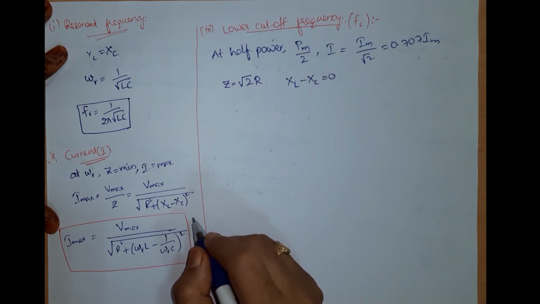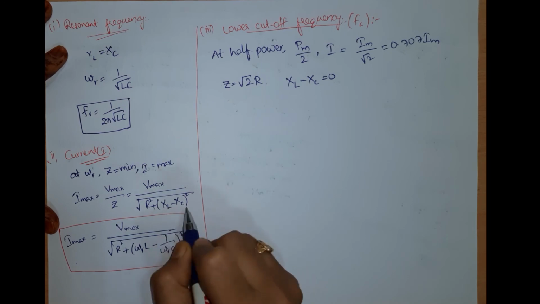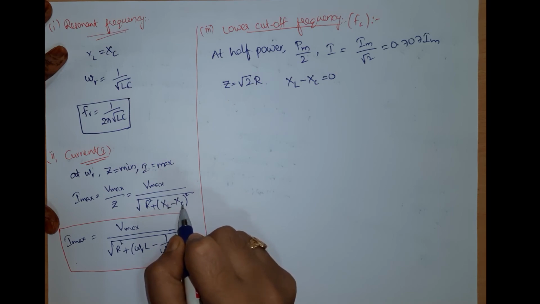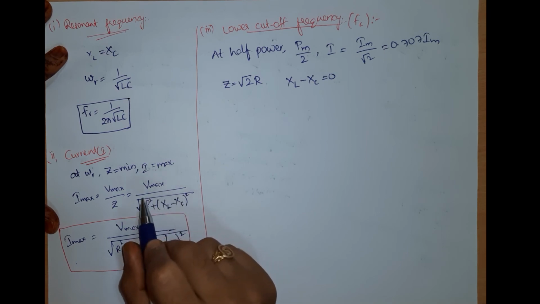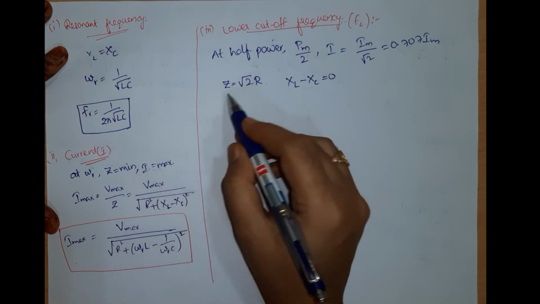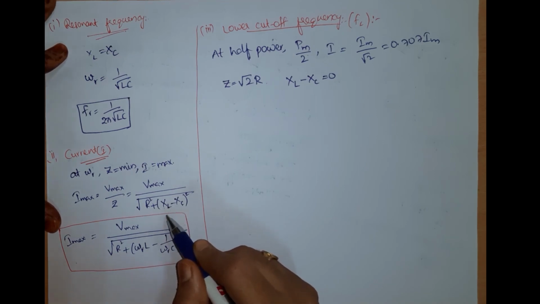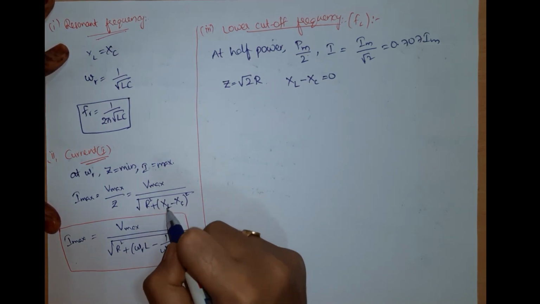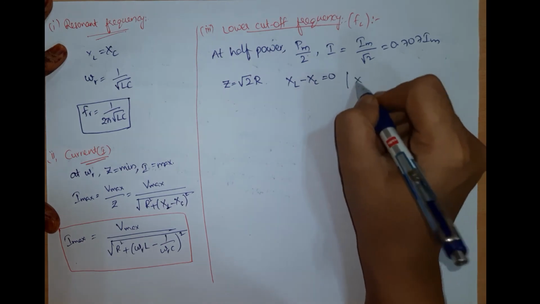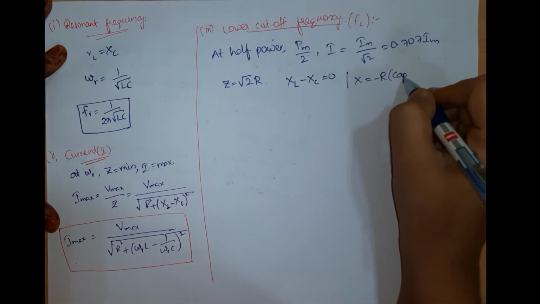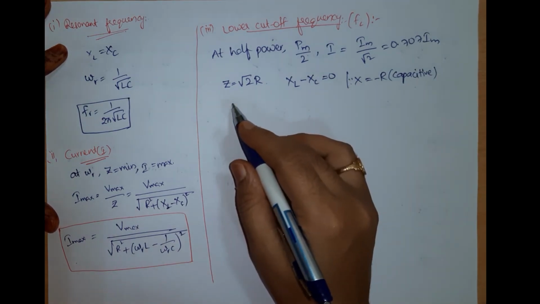But at the cutoff, XL will be equal to XC, which will be equal to R. Substituting that value of R in the formula of impedance, you will be getting Z is equal to root 2 R. Here X is equal to minus R, because the circuit is capacitive, right?